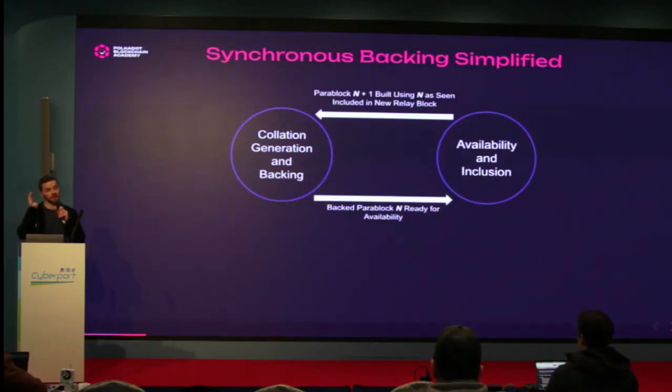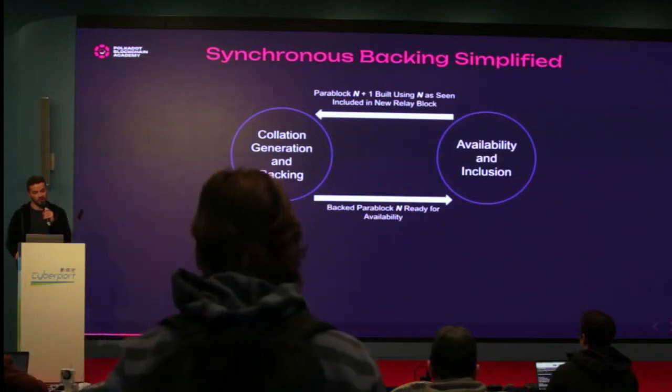It becomes backed on chain, and then the availability and inclusion step starts, where we are spreading out those proof of validity chunks amongst the validator set, and then bringing in bitfields to place on chain, and finally include a parachain block in the relay chain.